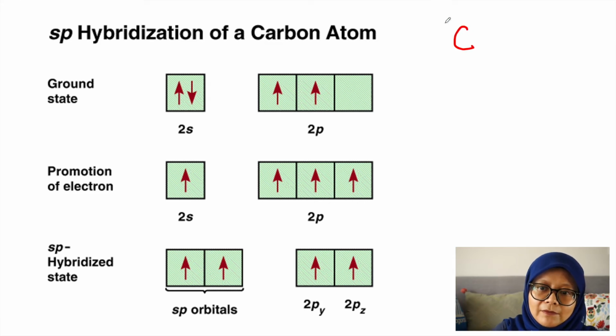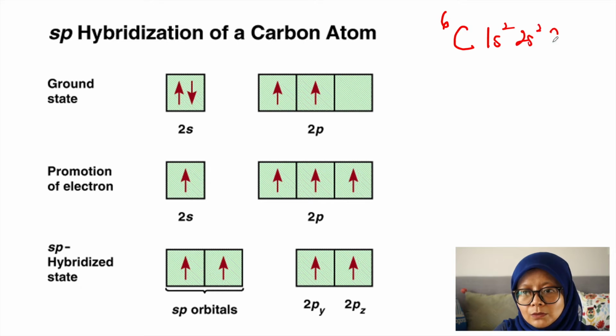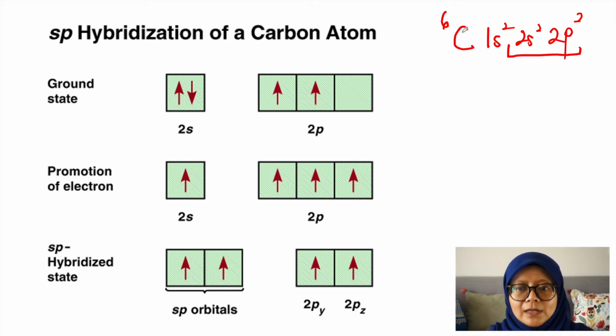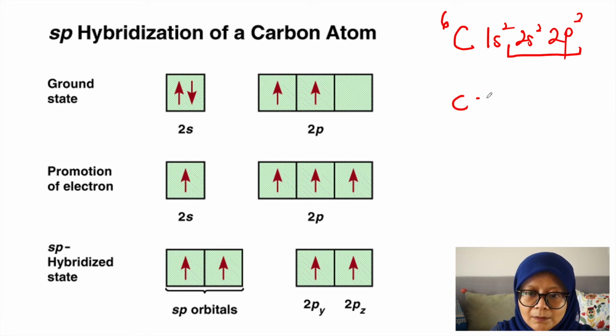Carbon has 6 electrons, 1s2, 2s2, 2p2. So 2s2 and 2p2 will be the valence electrons for the carbon. So what happens here? If we have C triple bond C, we are going to have 2 pi bonds and 1 sigma bond.